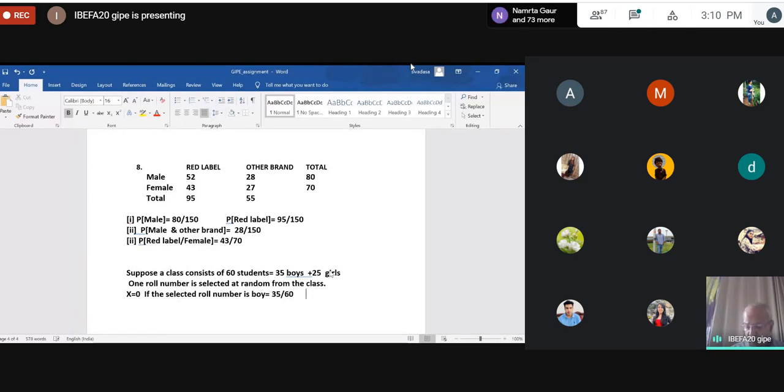I denote it by some notation, any notation you can use. 1 minus p. And X is equal to 1 if the selected roll number is girl. That is 25 by 60 denoted by P.